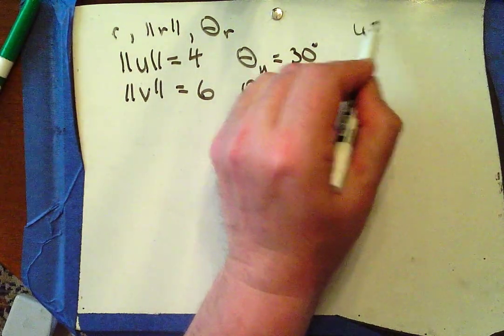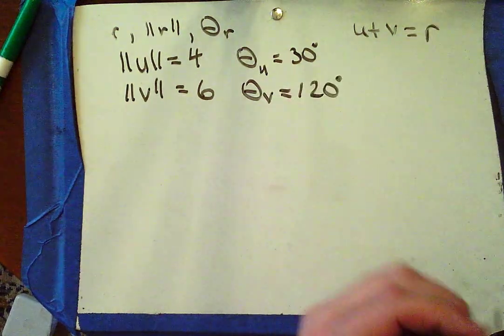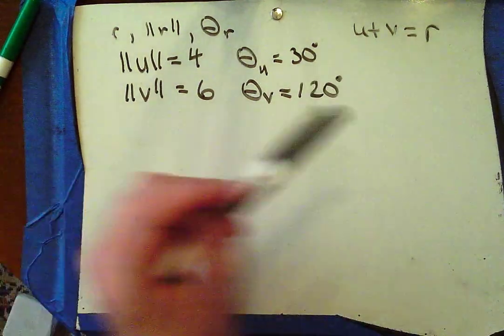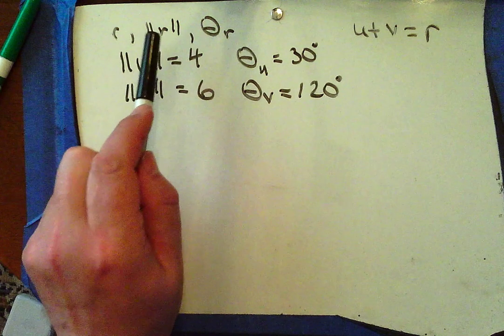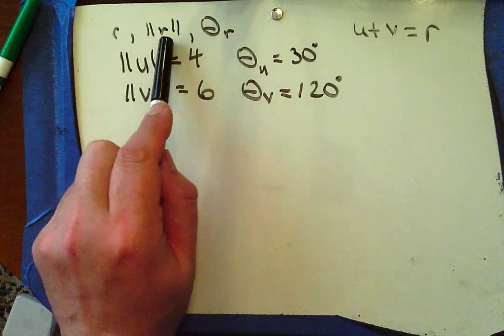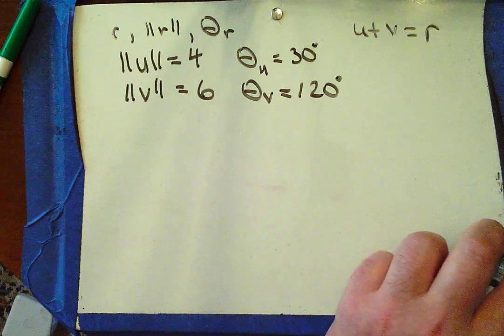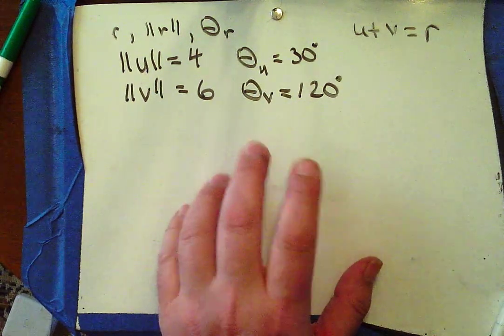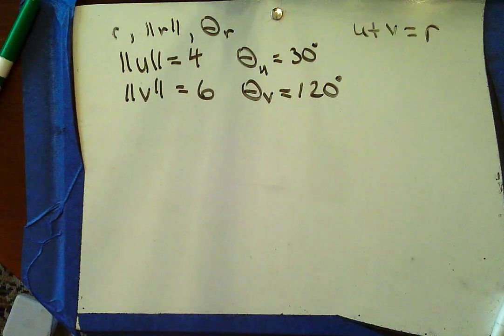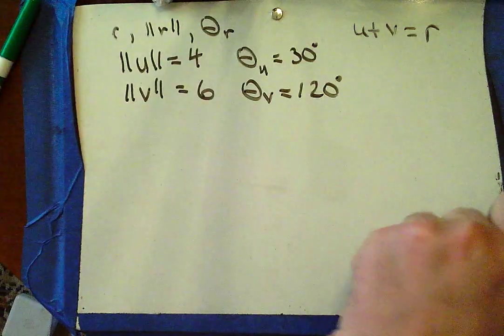Remember, u plus v equals r. And we're looking for the magnitude of r, component form of r, and the direction angle for r. So pause the video, come back when you're done, give this one a try, and let's compare.